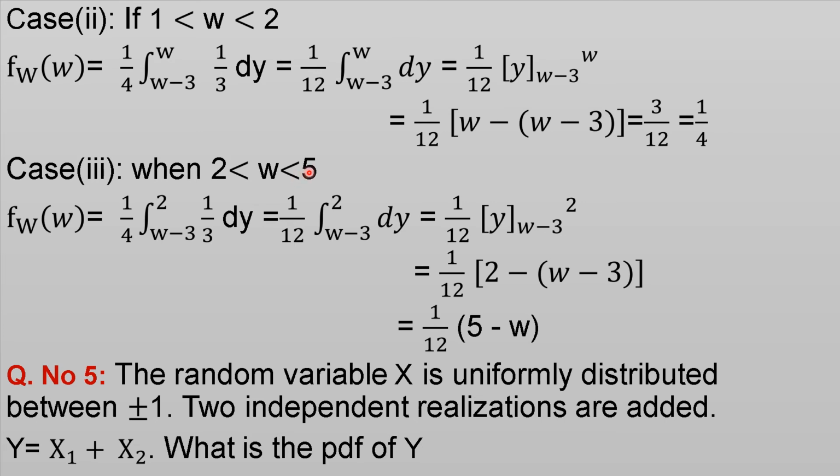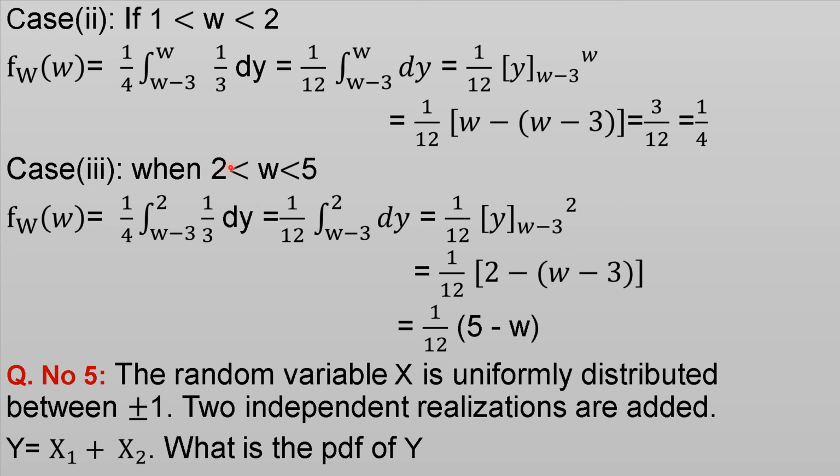If w is 5, w minus 3 will be 2. So w minus 3 lies between -1 and 2, which lies in the interval of y. So y should be greater than w minus 3, and that value lies in the interval, so the lower limit will be w minus 3 itself. For the upper limit, y should be less than or equal to w. Now w is greater than 2 and less than 5, so y should be less than or equal to w.